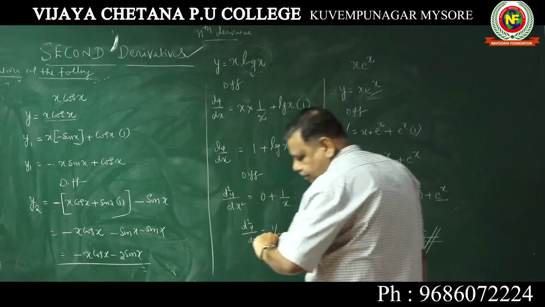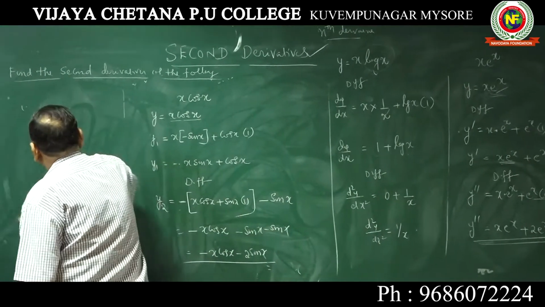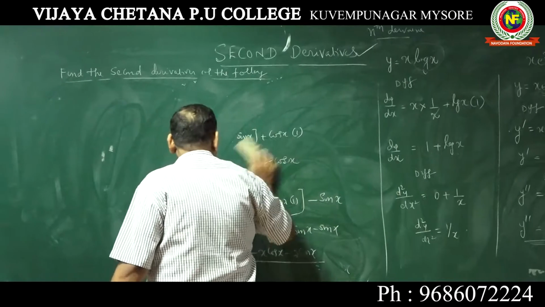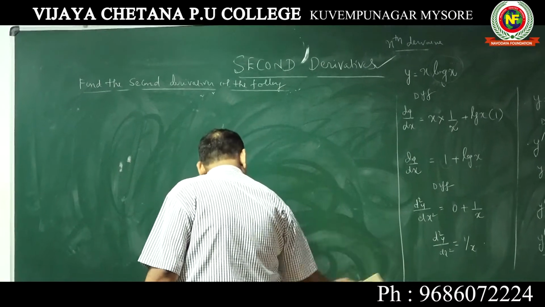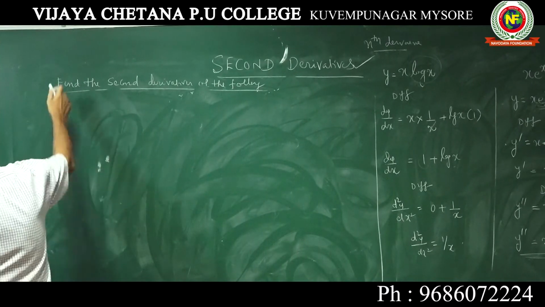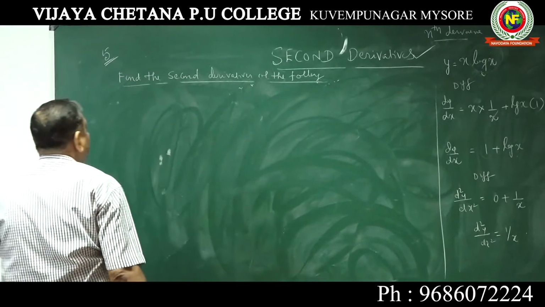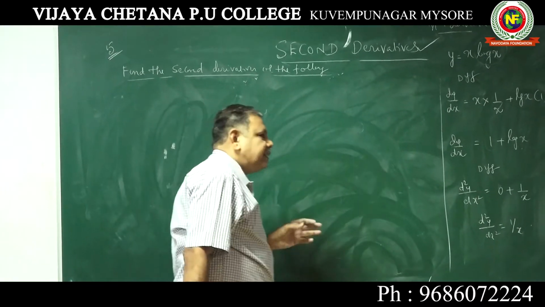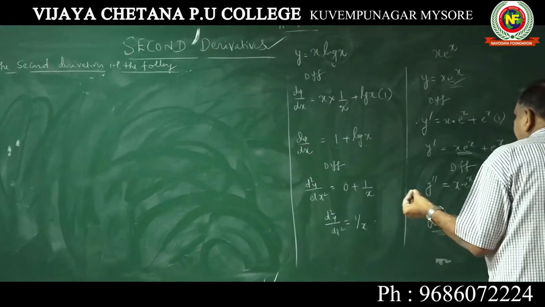Now I will give you some problems for your practice. Find the second derivatives of these; next class we are going to take up the 5 marks problem. In Part D, one 5 mark problem will be there in the second derivatives, and some 6-7 textbook problems are there.